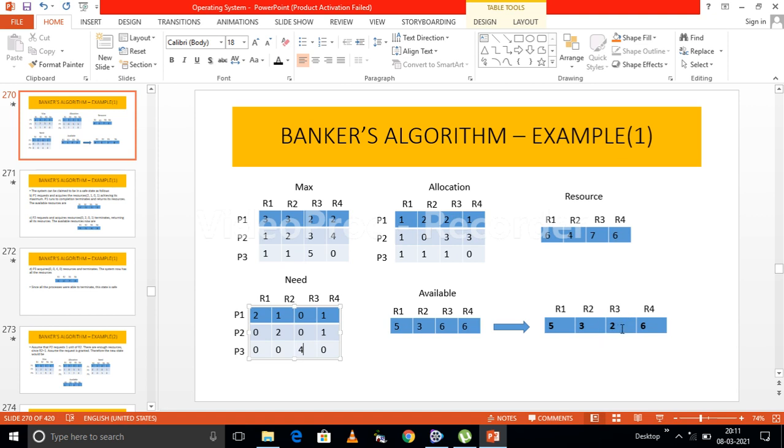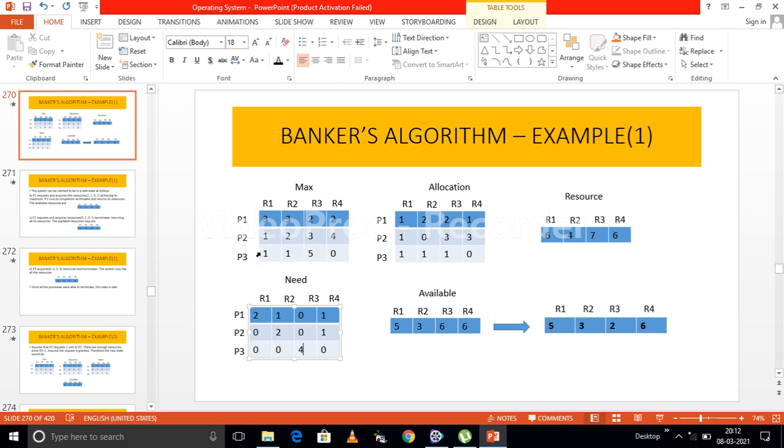After the allocation of resources to process P3, it is going to execute and terminate, and finally it will release all the resources held by P3. To check the total number of resources held by P3, you can easily find it with the help of this max matrix table.